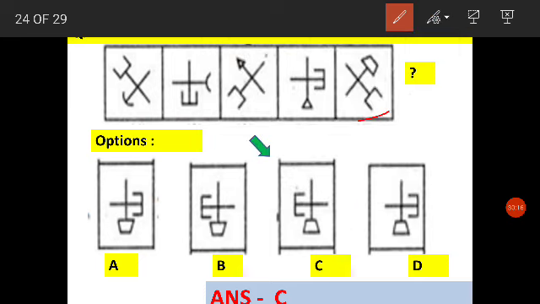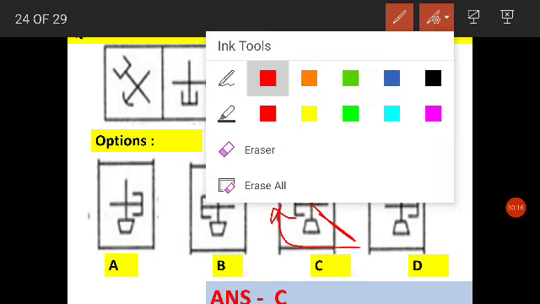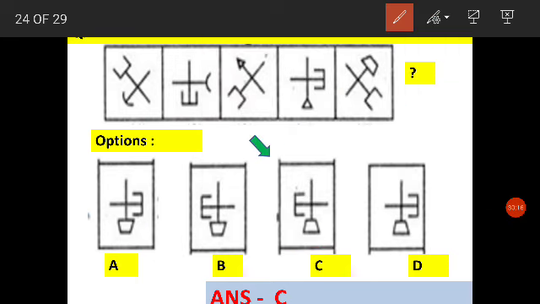But from here to here it is more than 90 degrees. So from that analogy, this becomes our answer, C. Just see how difficult they are. They look very simple but are very difficult.